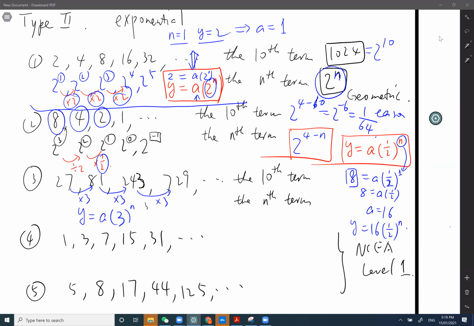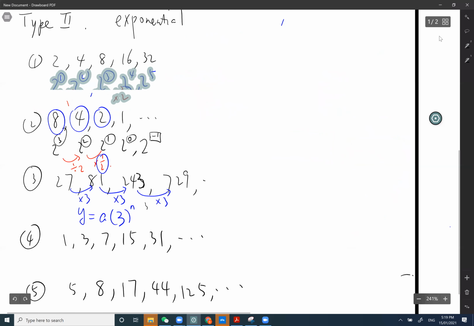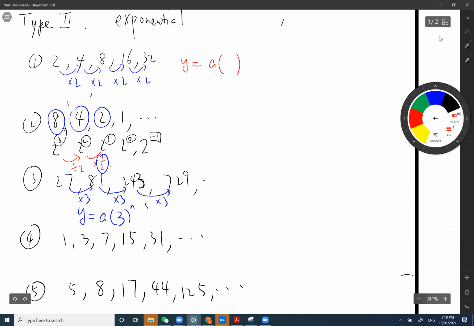Okay, let's discuss the general method. Here, you always times by 2. So the formula is y equals a times 2 to the power of n.